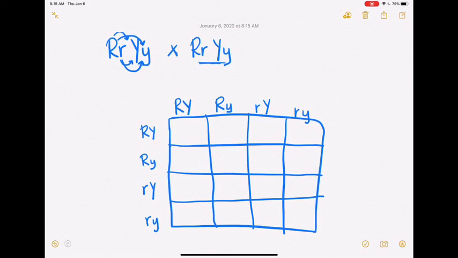And then when we fill in our Punnett square, we always want to make sure our R's go together and our Y's go together. So we're going to do big R, big Y, whoops, big Y. Big R from here and here. Big Y, little y from here and here. Okay? And keep going.